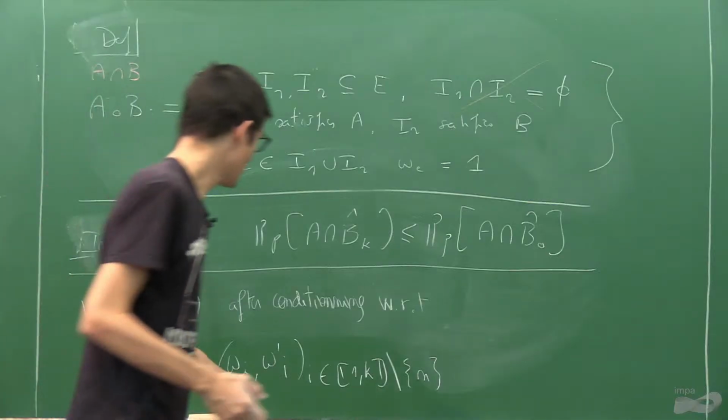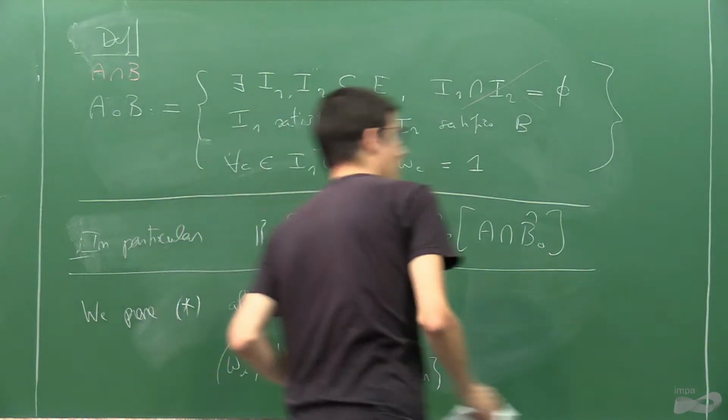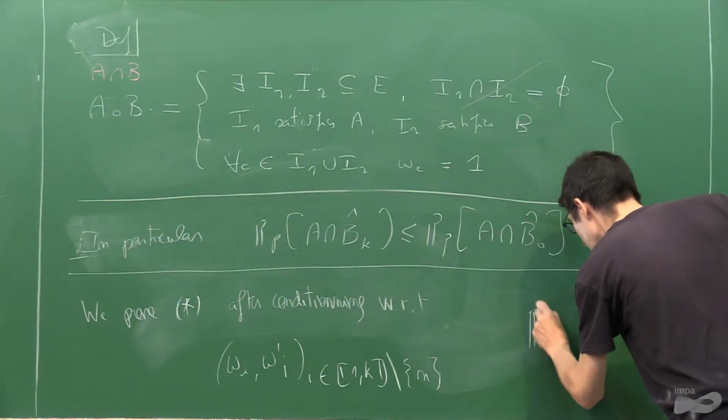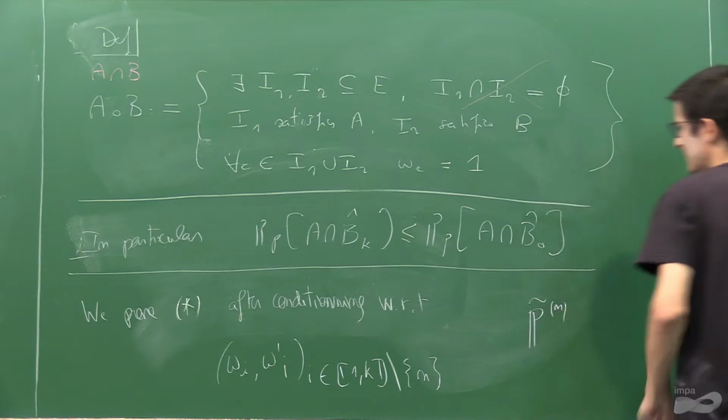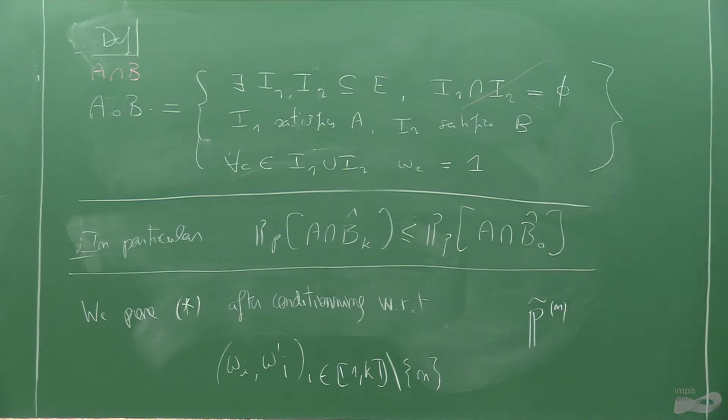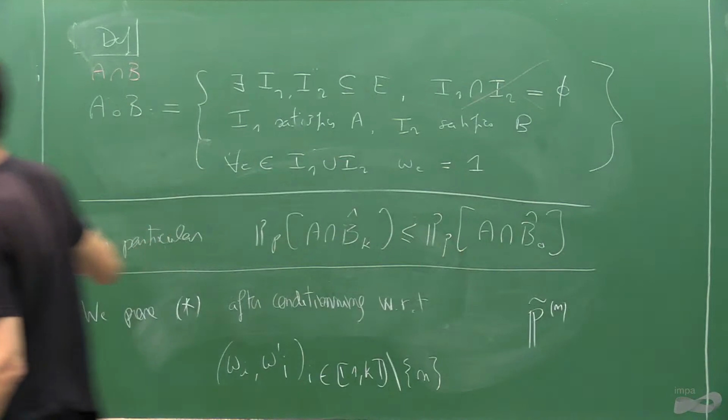Okay, so I will call Pn this conditional probability. Maybe I will not erase this.